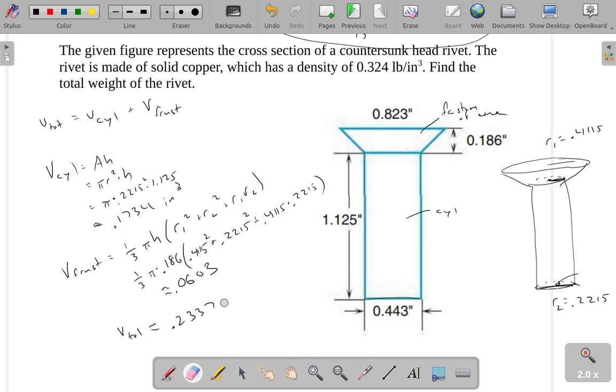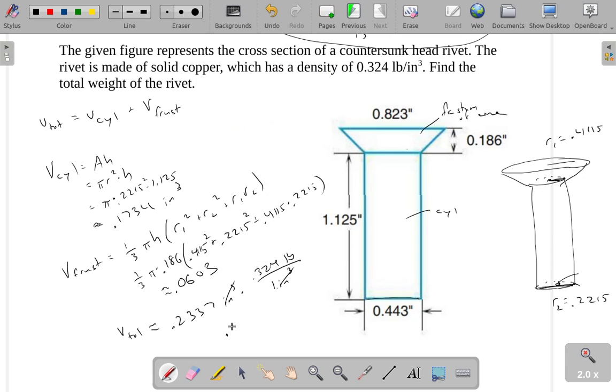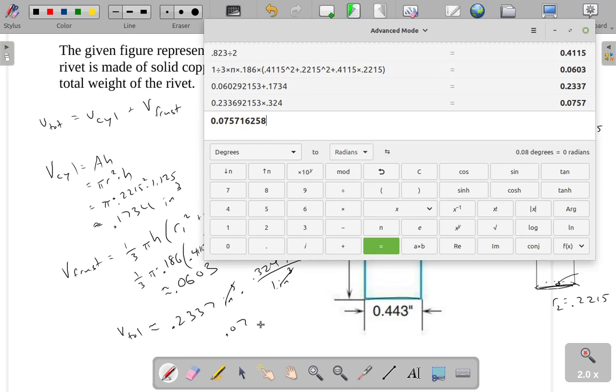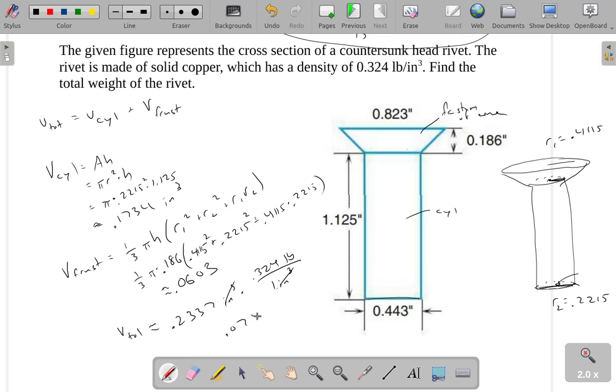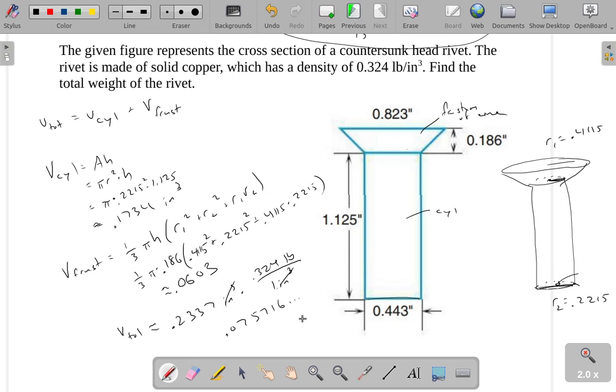And this would be cubic inches. I'm wanting to convert this to pounds, so I'm going to say 0.324 pounds per 1 cubic inch. Inches cancel with inches. We get this number times 0.324, which gives us 0.07571.